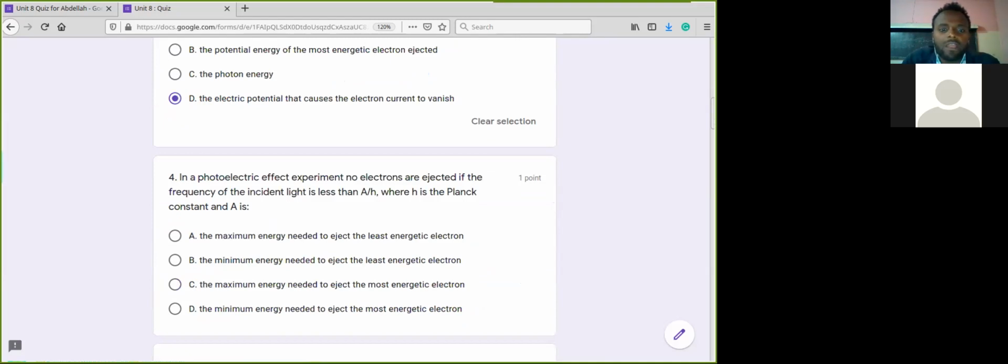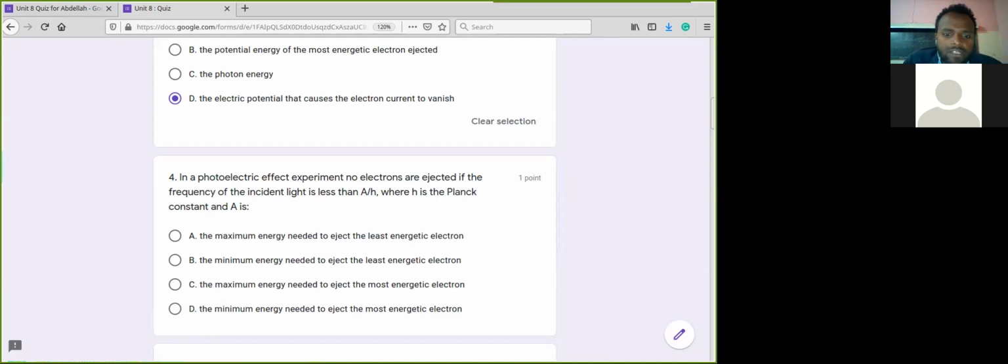In a photoelectric effect experiment, no electrons are ejected if the frequency of the incident light is less than the quantity A over Planck's constant H, where H is Planck's constant. And what is the quantity A in this case? From the options: A, the maximum energy needed to eject the least energetic electron.